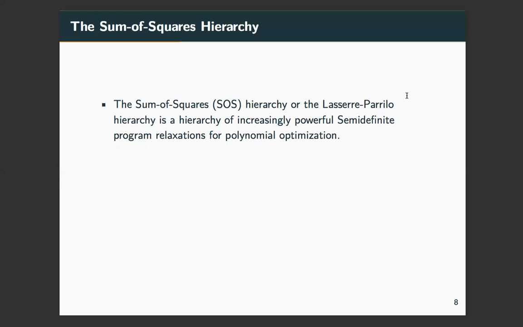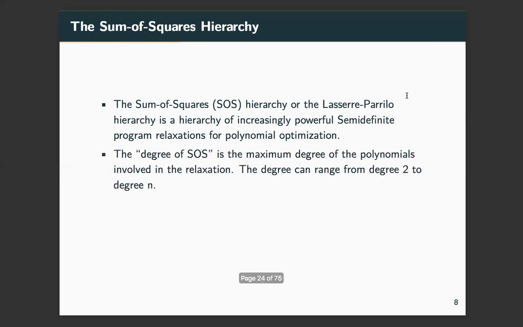The SOS hierarchy is a convex relaxation of increasing complexity, denoted by its degree. Roughly, the degree of an SOS relaxation is the maximum degree of the polynomials involved in the relaxation. The degree can range from degree 2 to degree n, where n is the number of variables in the CSP.